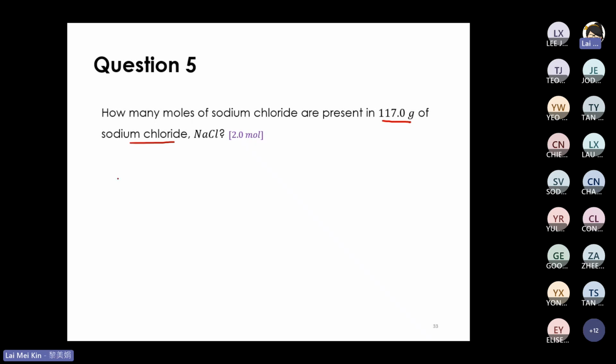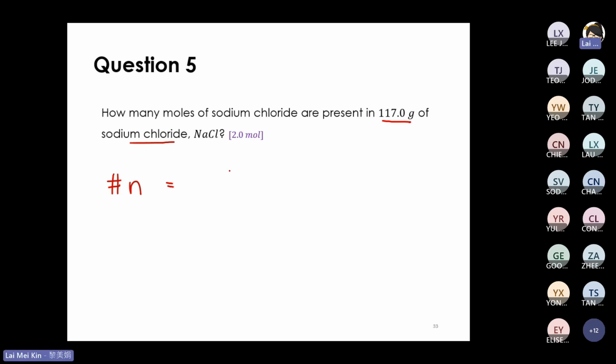Okay, what do you use? So again, hashtag means number, and the symbol for number of mole is n.